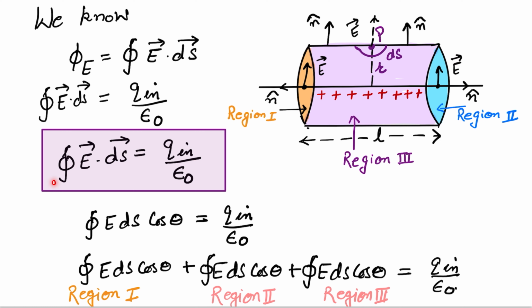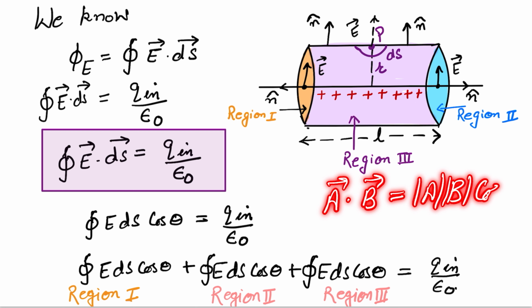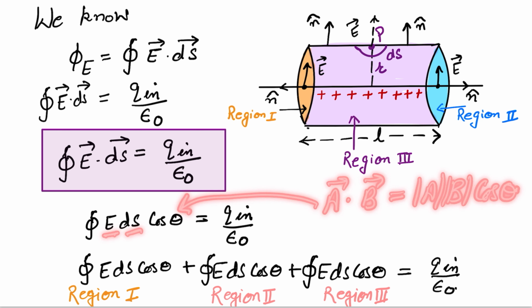Then we implement the Gauss law. Gauss law states that the integral of E vector dot dS is equal to Q in, the total charge inside the cylinder, divided by epsilon naught. We know that A vector dot B vector can be written as A magnitude, B magnitude and cos of theta, right? So we use this here. We write E dS cos theta.